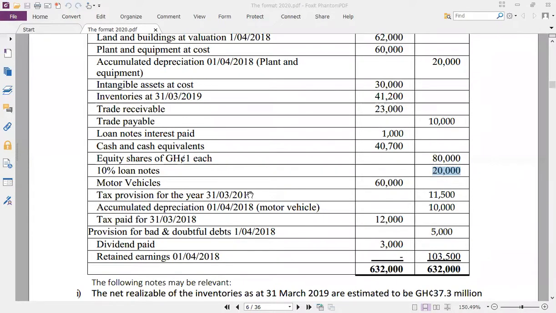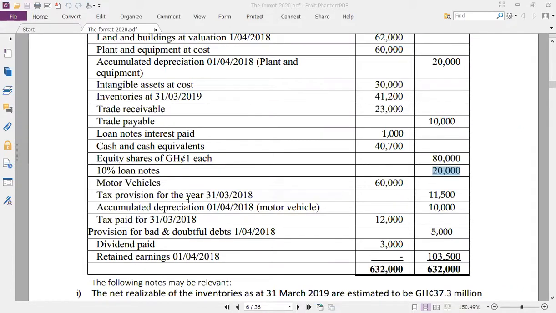Motor vehicles, 60,000. Where will it go? That's PPE, so it's part of the PPEs.